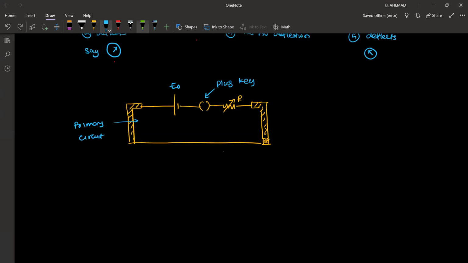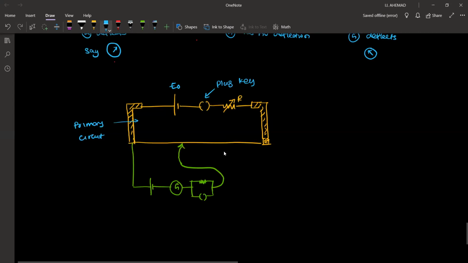And now we have our secondary circuit. We have the galvanometer and a higher resistance setup to protect the galvanometer, and the jockey or sliding key or the contact key.